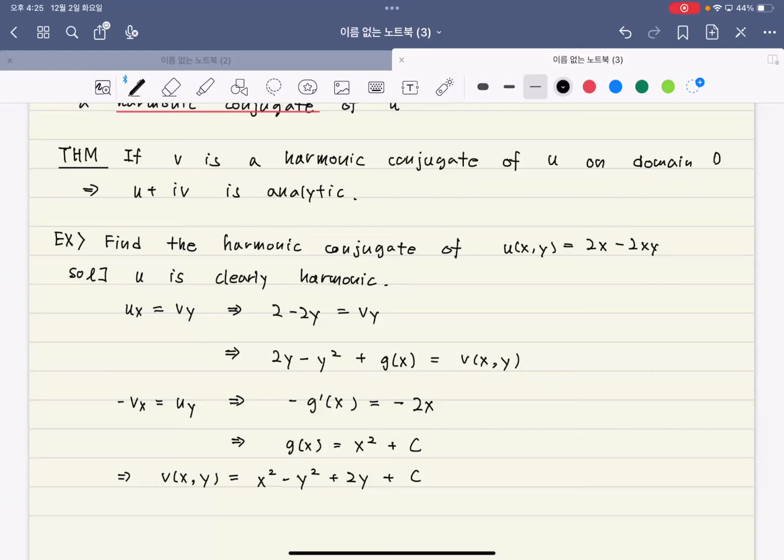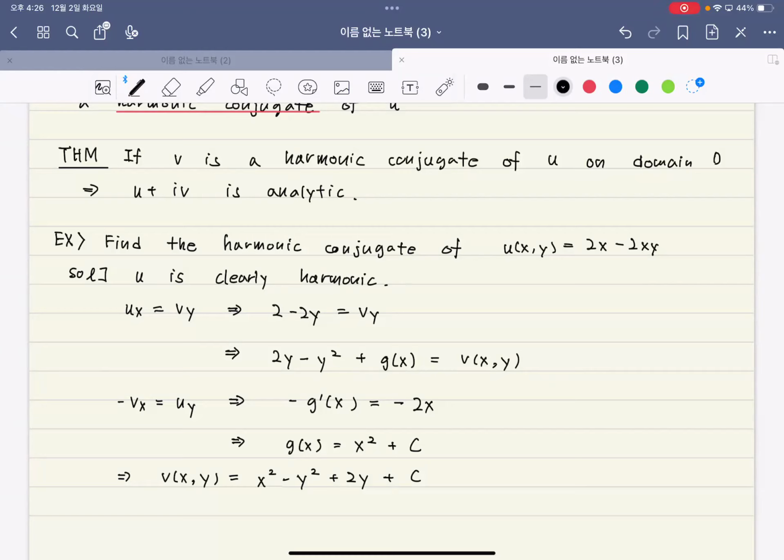In our case, u(x,y) plus i times v(x,y) is 2x minus 2xy plus i times (x squared minus y squared plus 2y). For simplicity, I will simply assume that the constant equals 0.